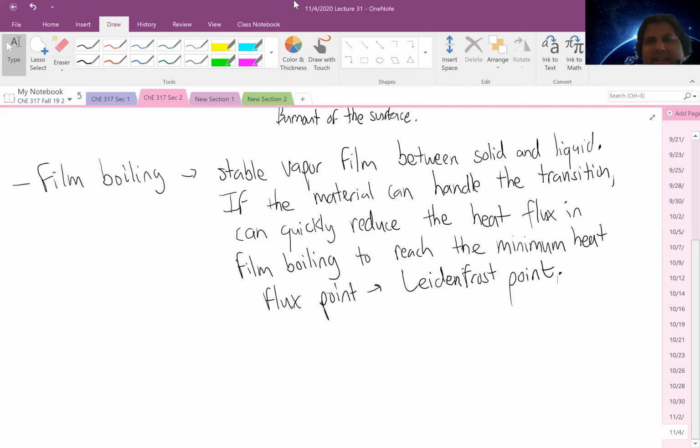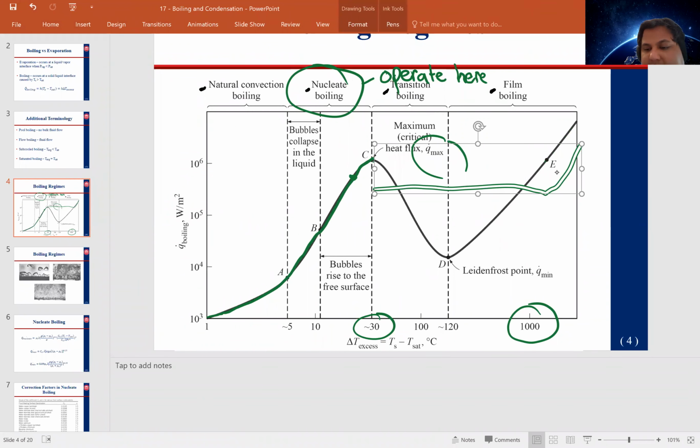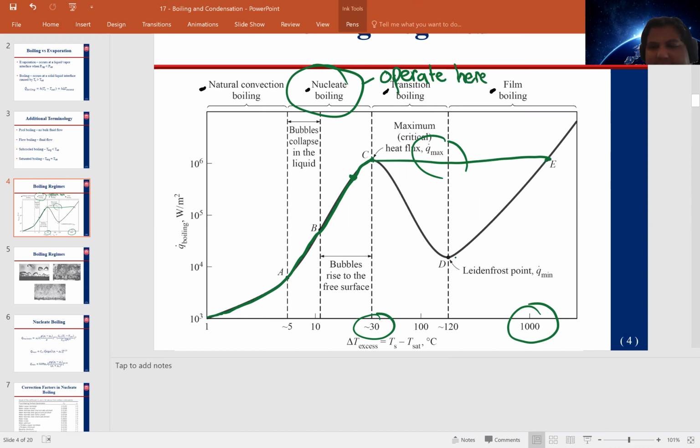Which, if I go back to that lecture slide, that means if your system doesn't have a burnout situation, what you can do is get here and then quickly reduce your heat input.